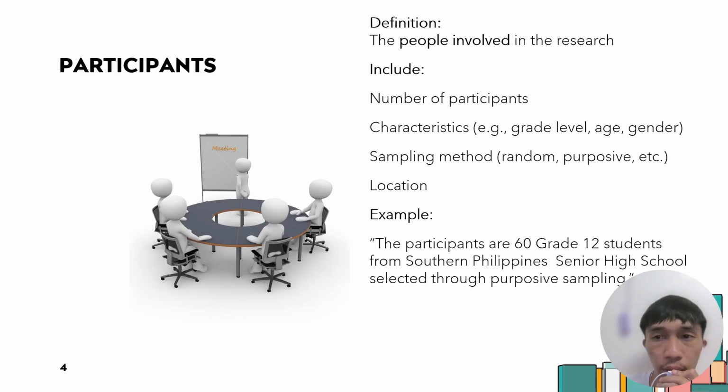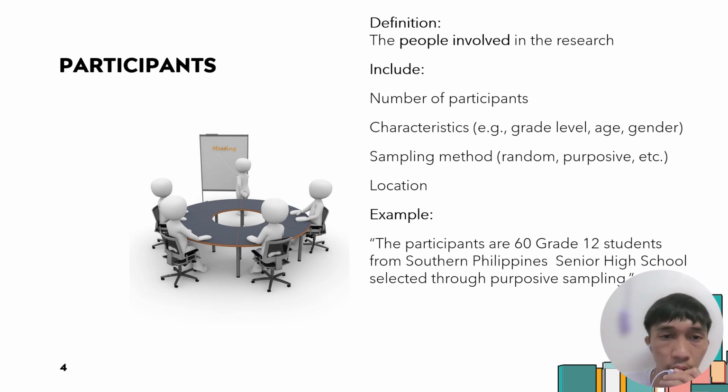So we have here the participants, the people involved in the research. This section describes our respondents or participants, who they are, how many they are, and how we selected them. Participants includes the number of participants and also the characteristics, like grade level, age, and gender.